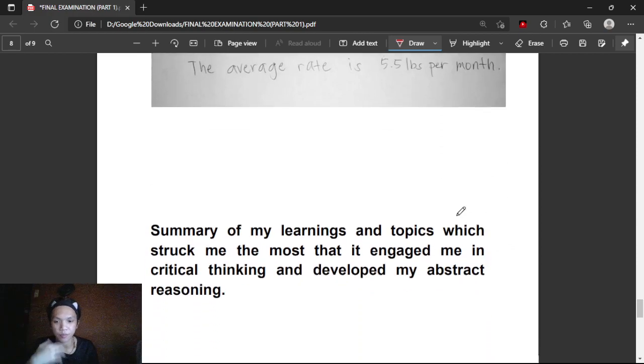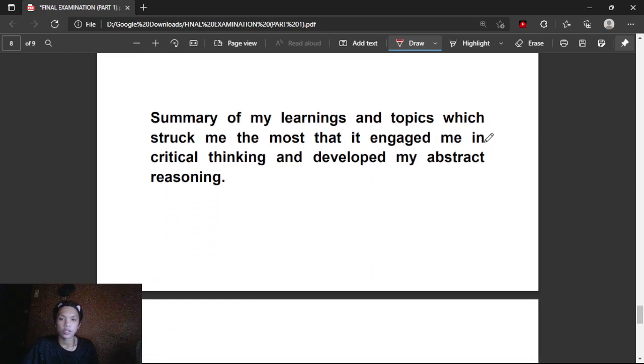That's the answer. So, a summary of my learnings and the topics which struck me the most, that engaged me in critical thinking and developed my abstract reasoning. I'll say that calculus is important for our lives. It helps us solve issues and take care of real-world problems. Some might know it is a helpful tool that is a vital aspect of human advancement.